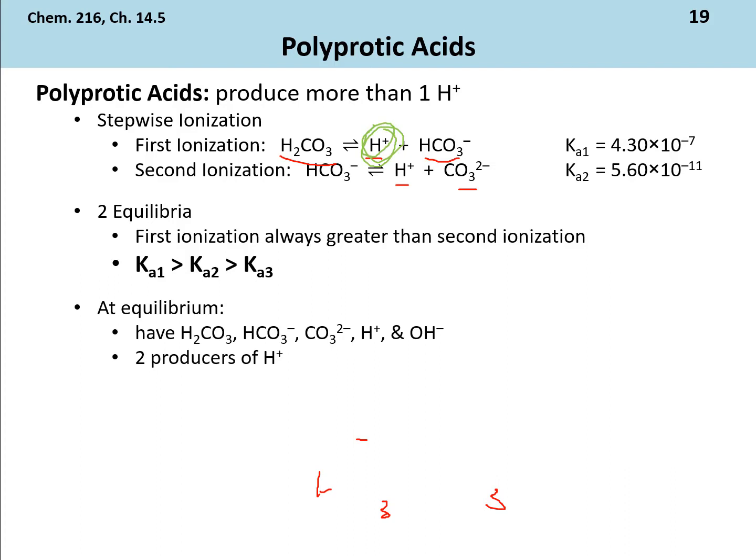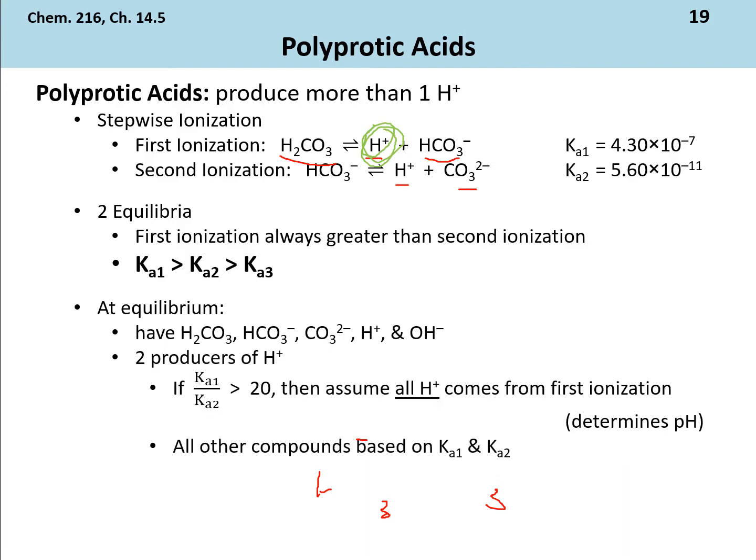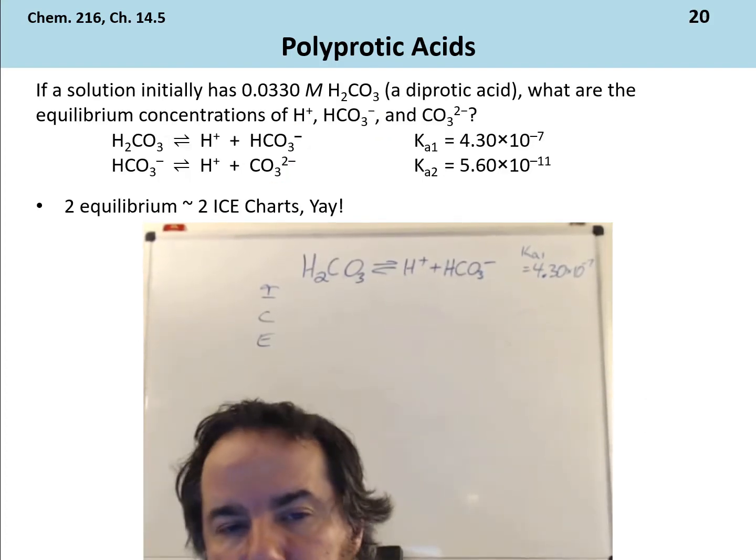In fact, if Ka1 over Ka2 is greater than 20, that means I can assume all the H+ is from the first ionization. Now let's move on and do a problem.